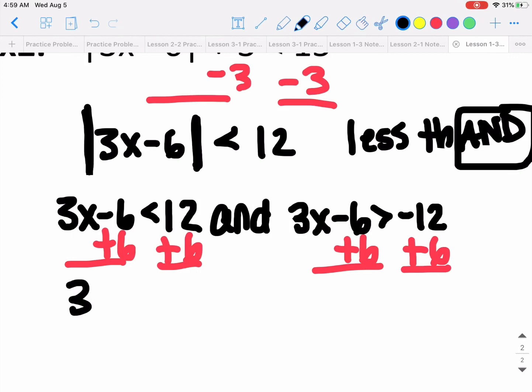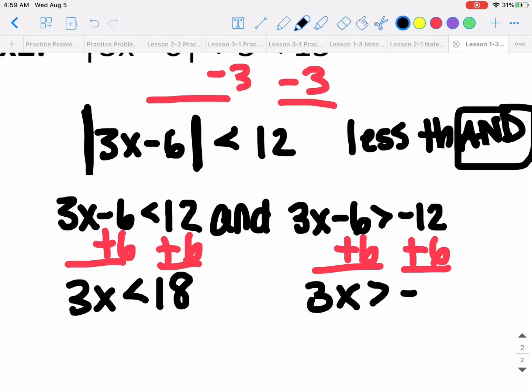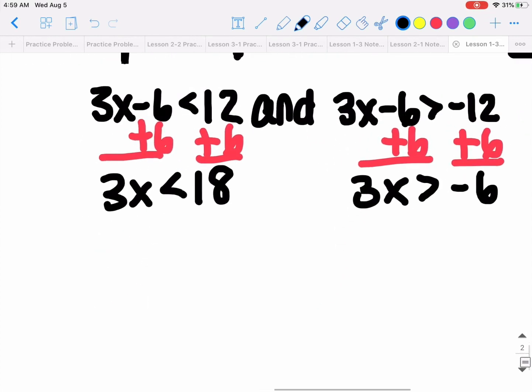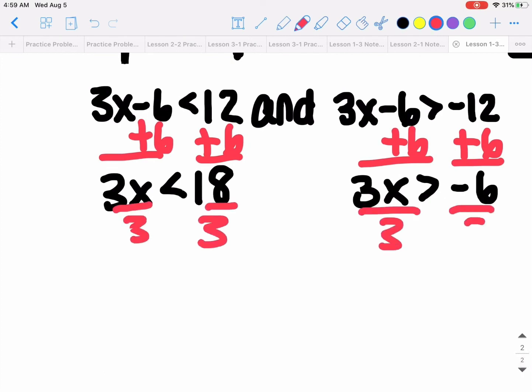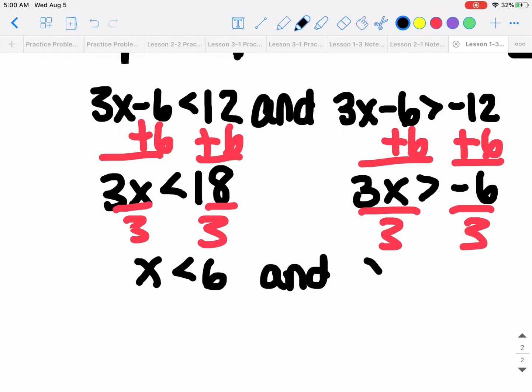I'm going to get 3x is less than 18, and 3x is greater than negative 6. From there, I'm going to divide both sides by 3 in both inequalities, and I'm going to get x is less than 6, and x is greater than negative 2.